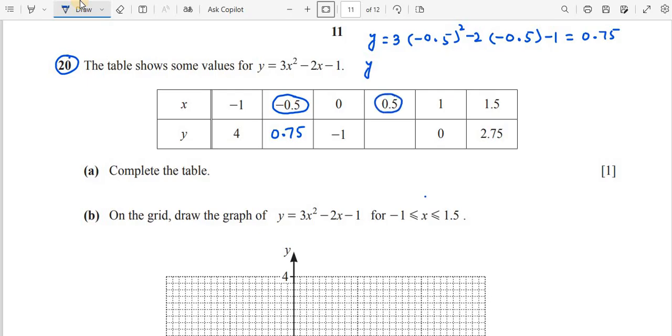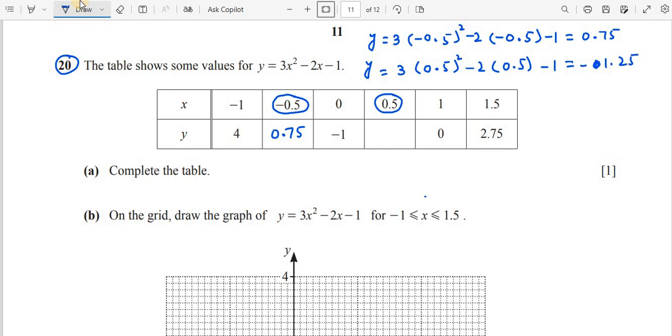And now we find the value of y when x is equal to 0.5. So again solve this one. y is equal to 3 times 0.5 squared minus 2 times 0.5 minus 1. Calculate these values, we get minus 1.25.